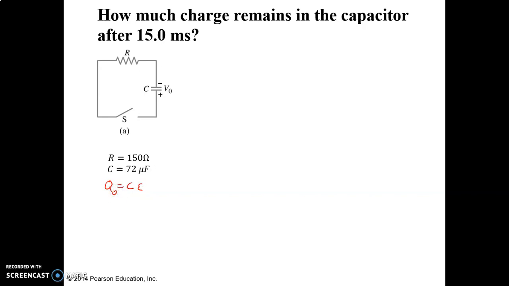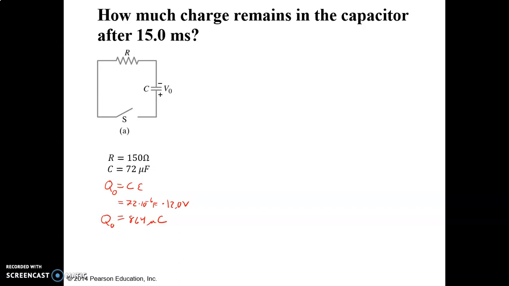So let's assume that this is a fully charged capacitor. 72 microfarads times, it was at 12 volts earlier. 72 times 10 to the minus 6 times 12. That'd be 864 microcoulombs.